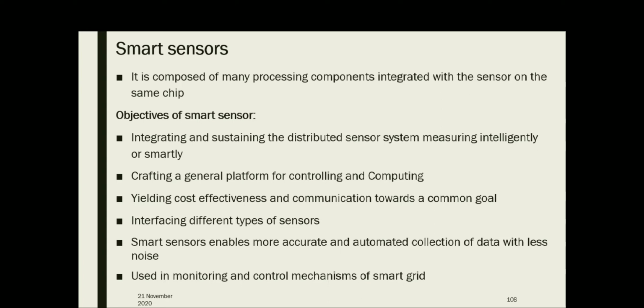A smart sensor also yields cost effectiveness and communication towards a common goal, and interfaces different types of sensors. A smart sensor enables accurate and automated collection of data with less noise, and it is used in monitoring and control mechanisms of the smart grid.